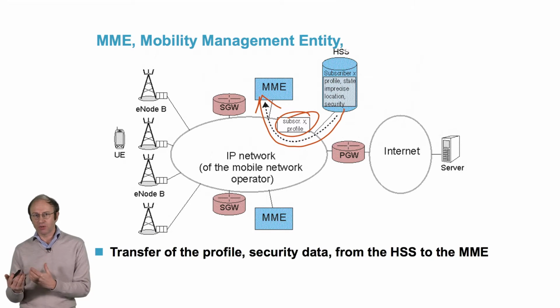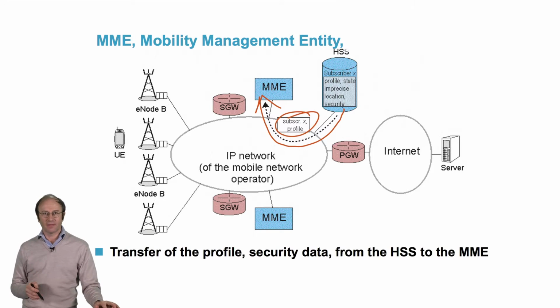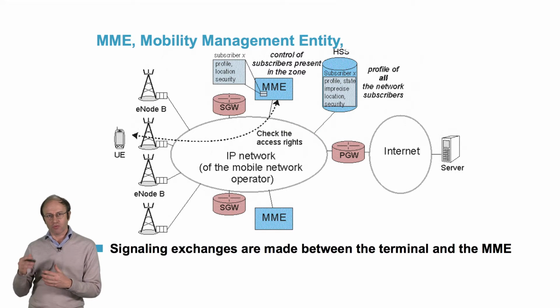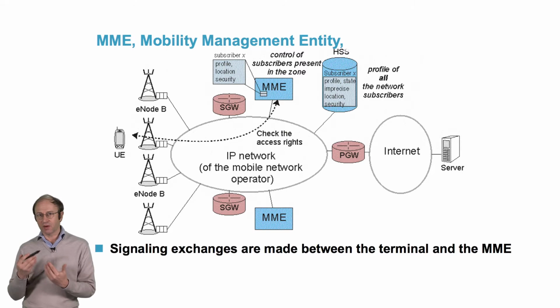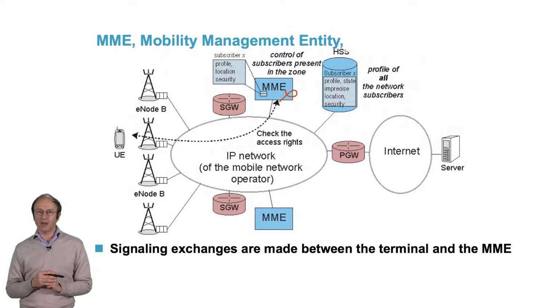Then, for all future access, each time there is a verification to make, the MME will be able to verify locally the subscriber profile recopied in the MME. It's the equivalent, in a way, to cache memory for programmers.